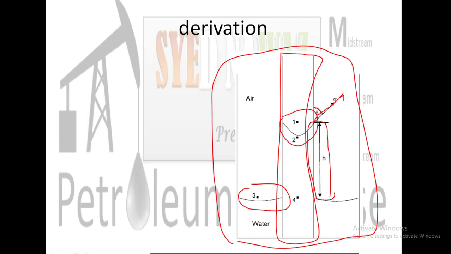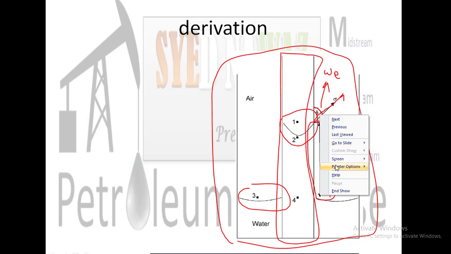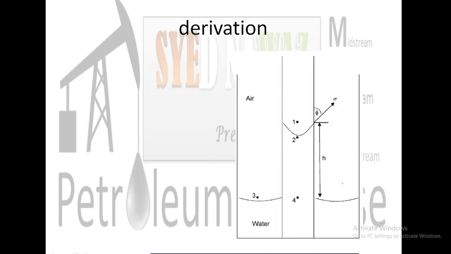This represents another property called wettability, which I am going to show you in the next videos. So this phi is nothing but your wettability.